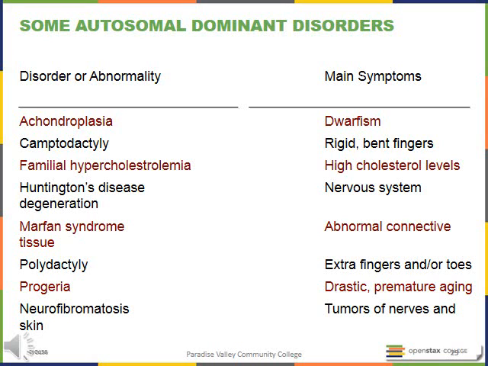Oh, okay. This guy, in this case, is having trouble with his cholesterol. His cholesterol is elevated. So familial hypercholesterolemia. Hyper means excessive or high. Cholestro means cholesterol. Emia means a condition of the blood.